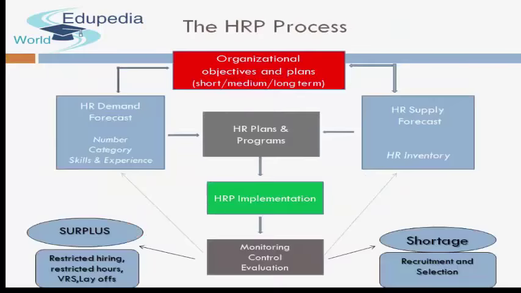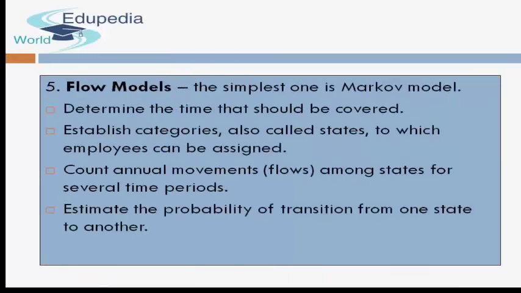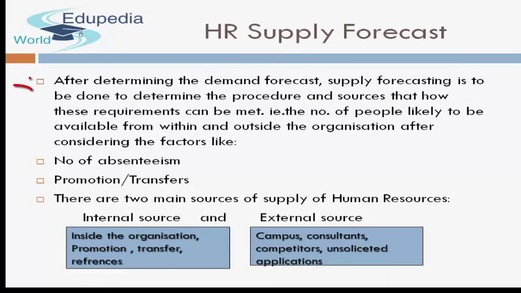So going back to the HRP process model, we have covered the first thing, organization objective and plan, that is, to understand the vision and mission of the organization. Post that, we have discussed what HR demand forecasting is and what its techniques are. Now we will study what HR supply forecast is and what the techniques of supply forecasting are.